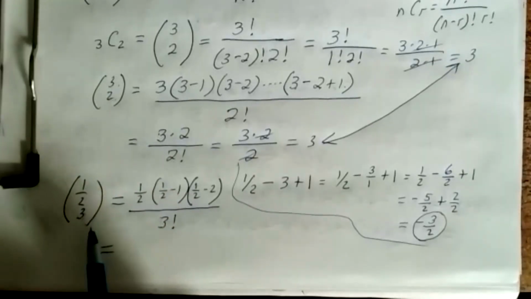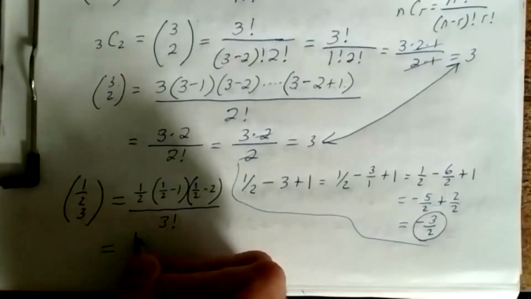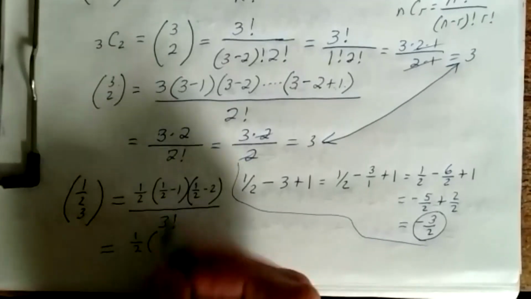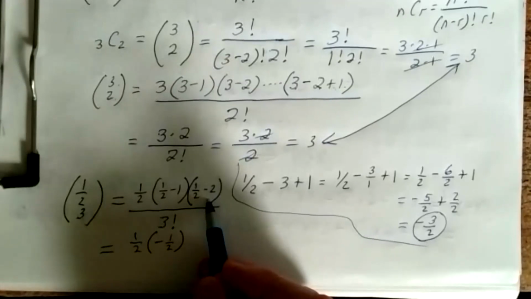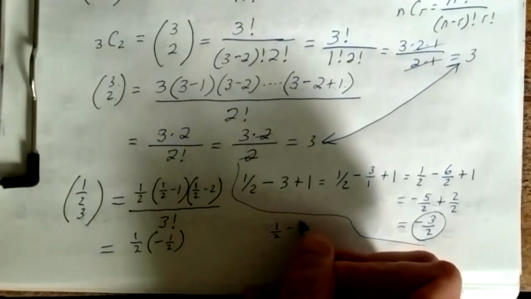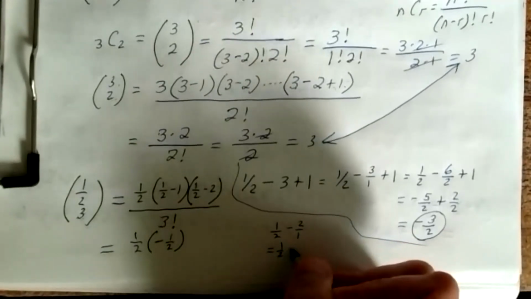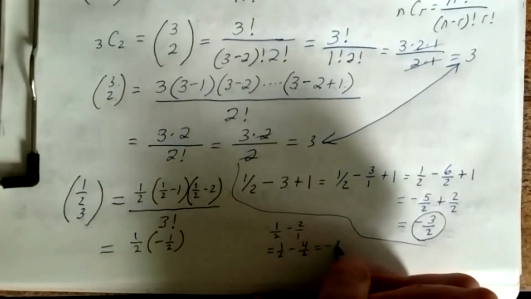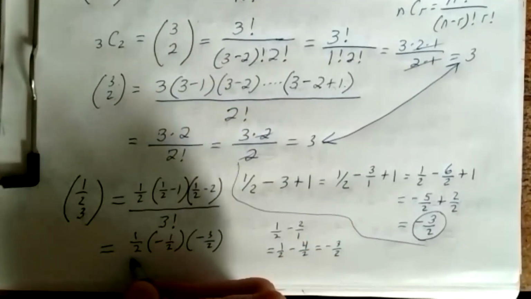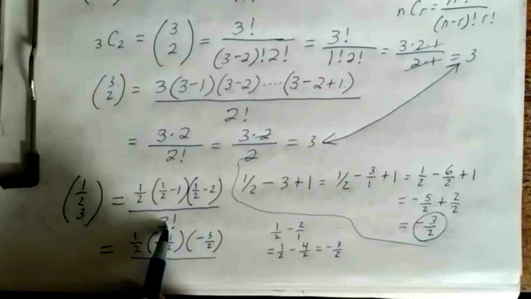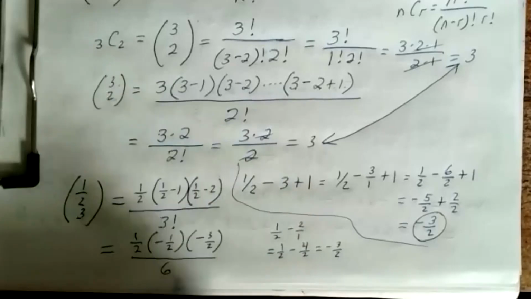All we have to do now is evaluate this, and we'll have our combination of 1/2 in combination with 3. This is going to be 1/2 times negative 1/2, times 1/2 minus 2, which is 1/2 minus 4/2, or negative 3/2, and this sits over 3 factorial. What's 3 factorial? That's 3 times 2 times 1, which is 6. Now we clean this up.